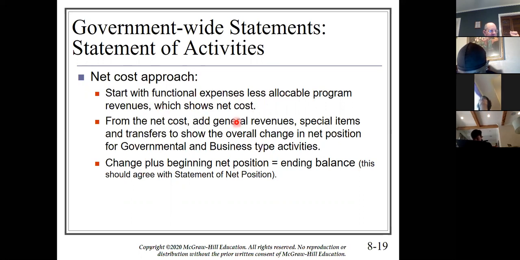From the net cost, add general revenues, special items, and transfers to show the overall change. Change plus beginning net position equals the ending balance. And that would agree with the amount on the statement of net position.